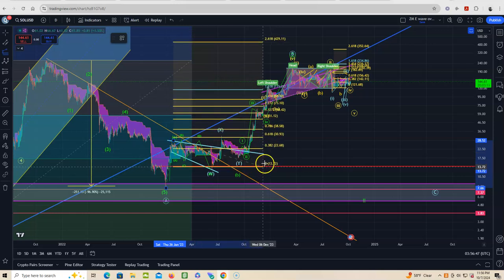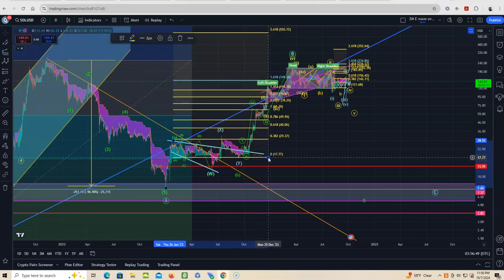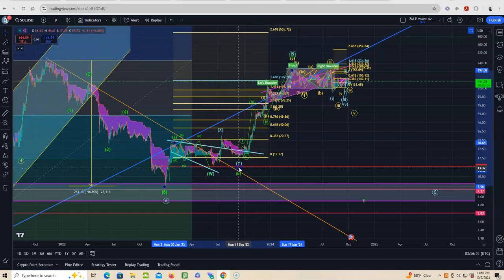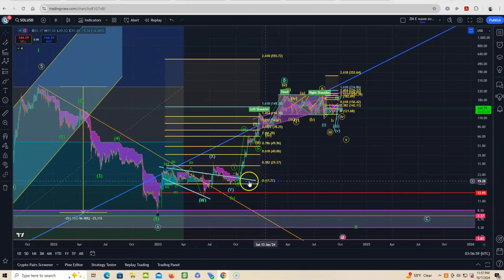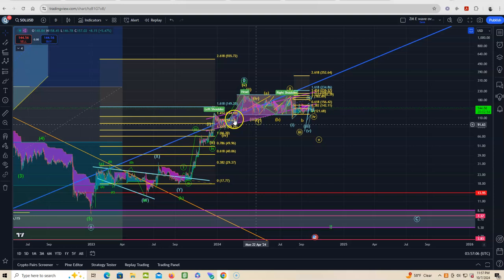Like I showed you before, this is the intermediate B, where this intermediate B of this A, B, C has an extension to the 1.786.